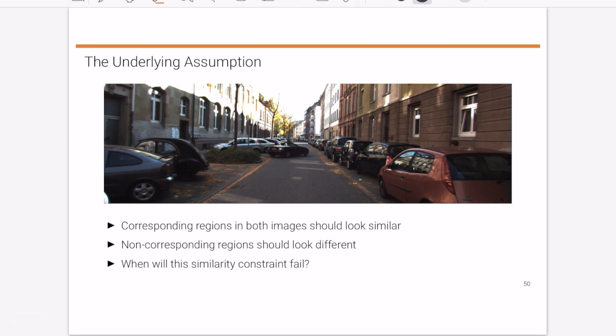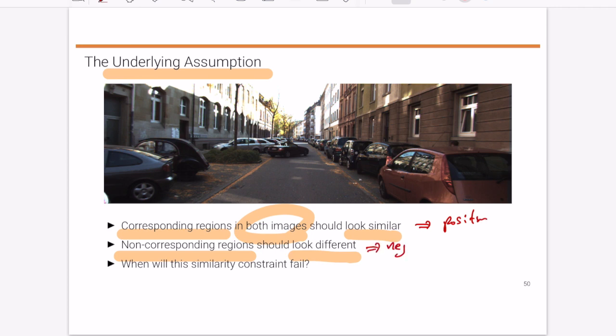So here was the underlying assumption: corresponding regions in both images, I mean the left image and right image, should look similar. This is just the underlying assumption. And non-corresponding regions should look different. So it was a kind of positive pair or negative pair.